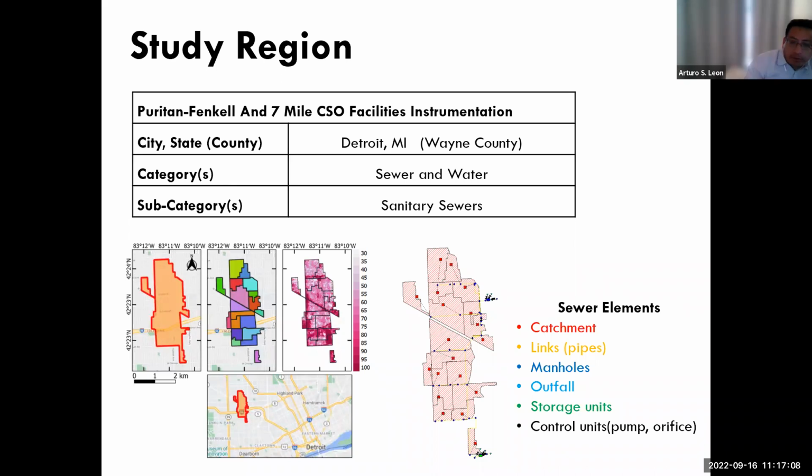So as you can see here, we have the catchment and the links. It's not that clear, but we have manholes, outfall, storage units, and control units. From the four systems we have, this is the most simple, even though it's very complex.